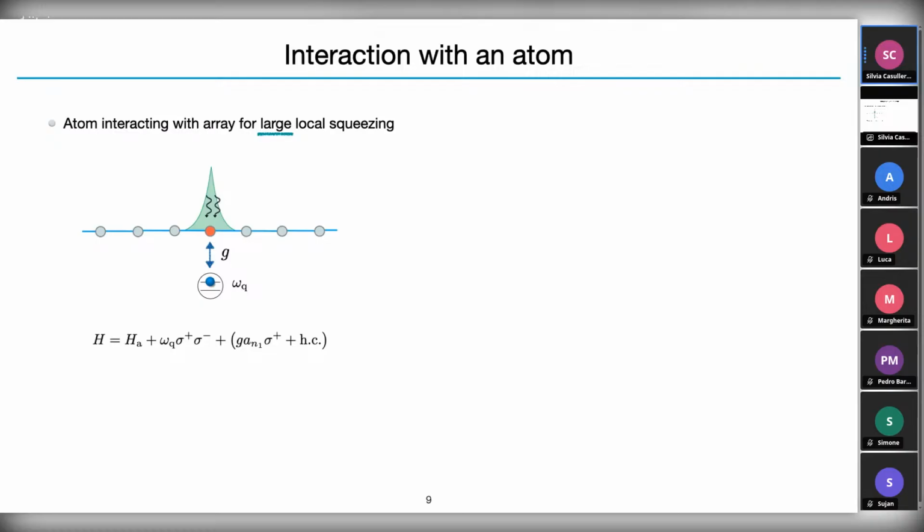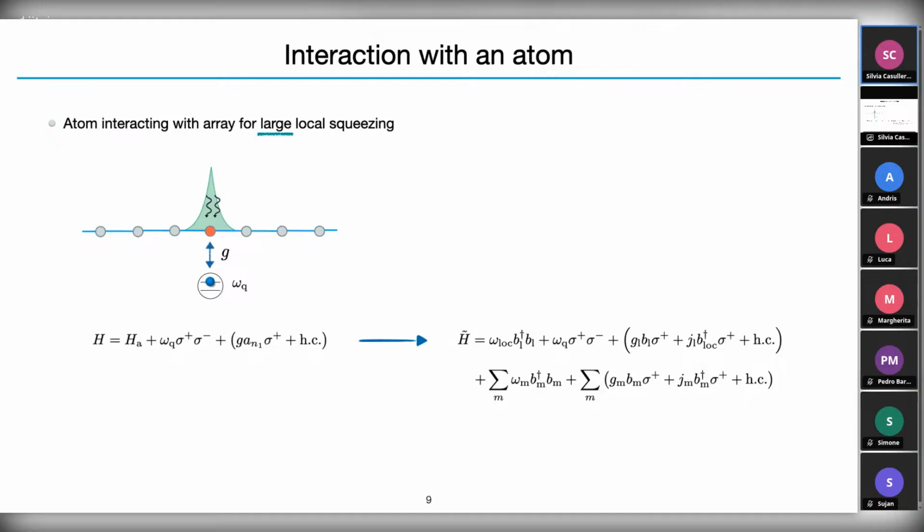But now you see why I did this small detour. When you express all this in the basis that diagonalizes the array Hamiltonian, you find what we had before. We have the frequencies of the system, one localized mode and all the other modes, the frequency of the qubit, and then a coupling to the atom.